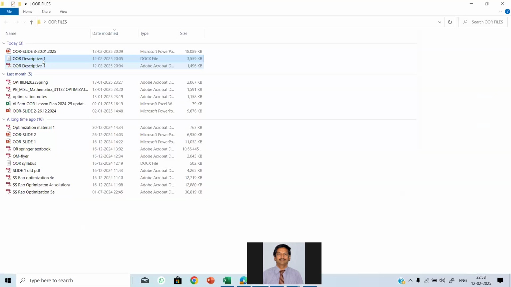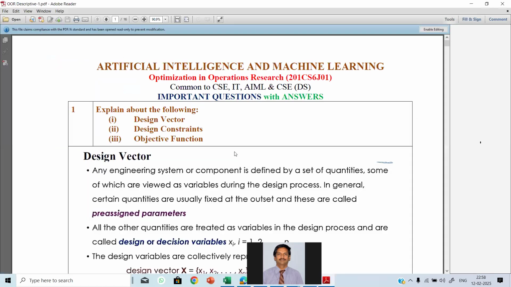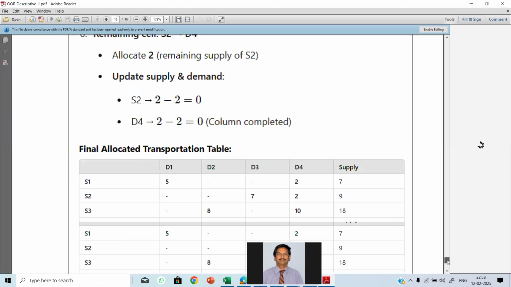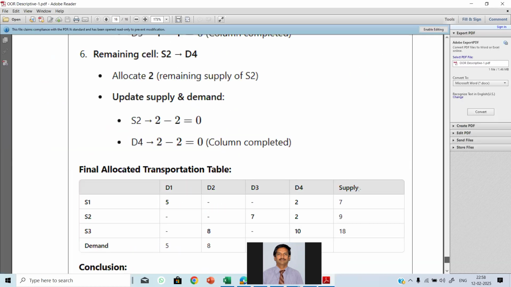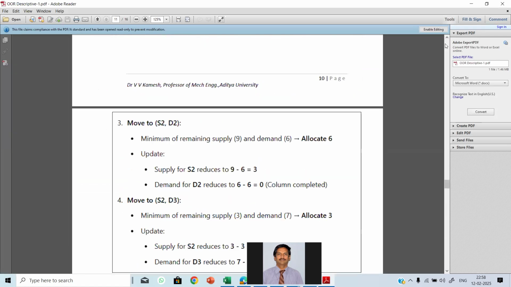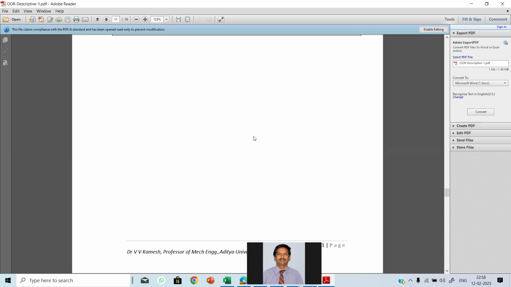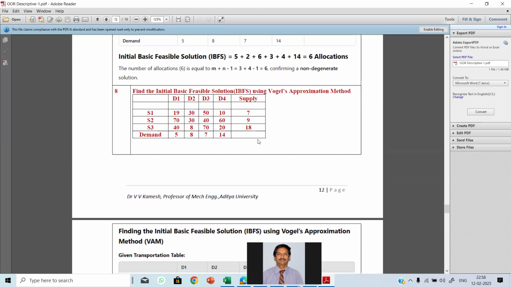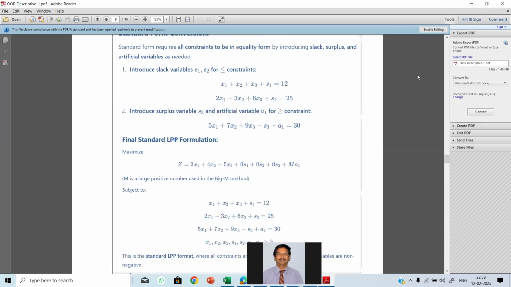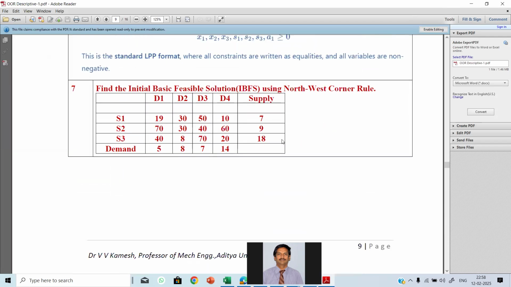Just 1 second. So in this, don't memorize this solution because the solution is from ChatGPT. So you follow whatever I'm saying in the lecture. You follow this procedure. Okay.